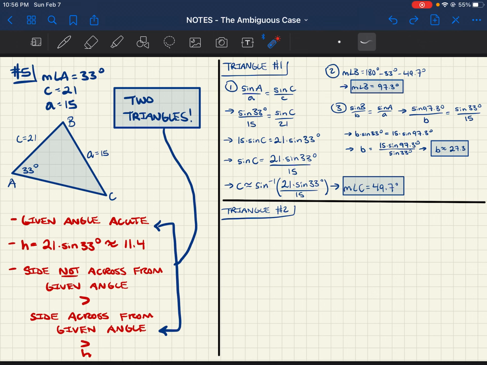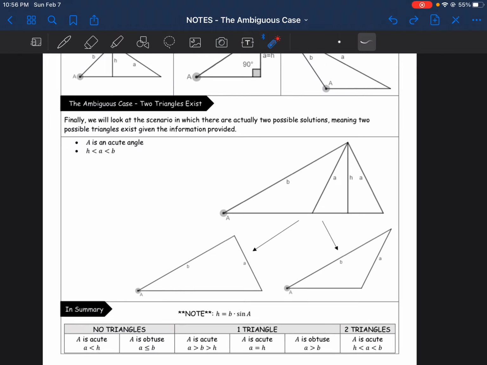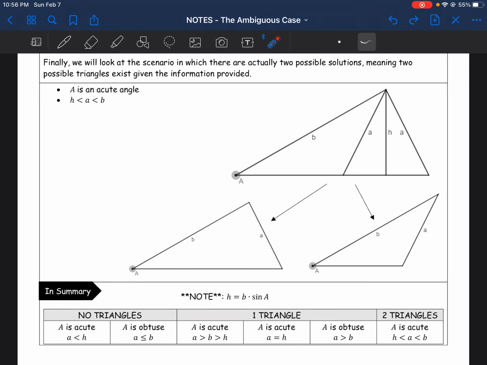Well, it actually comes from this angle C that we found right here. So when we use the law of sines to find angle C, if we go back to that picture right here, notice that this angle right here can either be an acute angle or it can be its supplement, an obtuse angle.